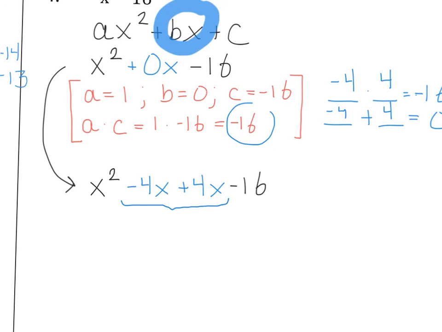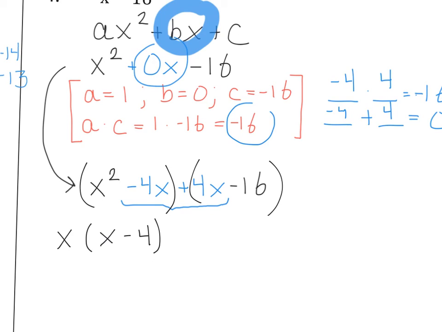This adds to 0, which was our original bx. So we're all set. We are ready to group. Group the first two, group the second two. Looking at the first two terms, we have a common factor of x. That leaves us with x minus 4. Looking at the second two terms, we have a common factor of positive 4, and that leaves us with x minus 4.